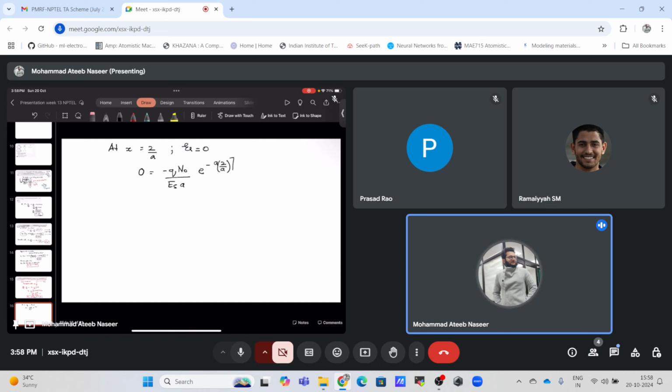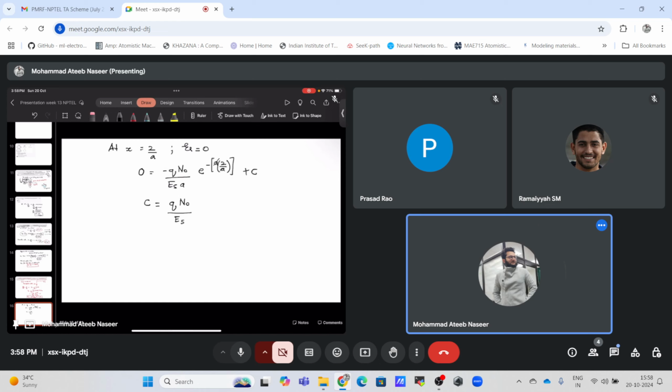So this a and this a will go, so this plus c. This is the purpose of using the definite integral. So c is the constant which we have obtained now, simply equal to q times n naught by epsilon s.